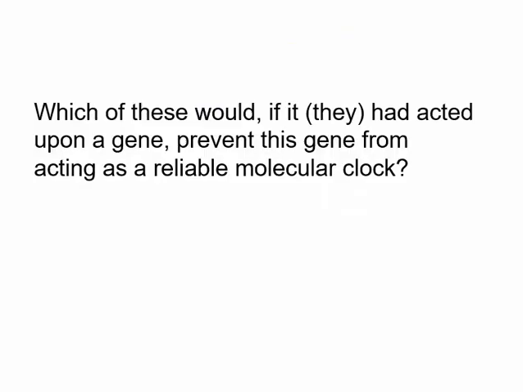All right, so which thing would, if acting upon a gene, prevent the gene from acting as a reliable molecular clock? All right, so the answer is natural selection. So if selection, say a beneficial mutation occurs, that's going to take off, right? Become more common.